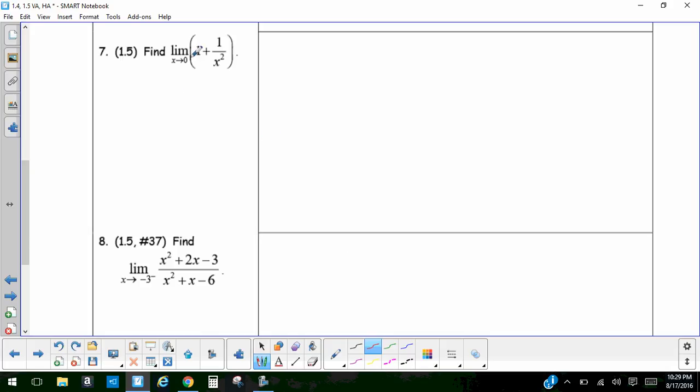Okay, so I have x approaching 0 of 1 plus 1 over x squared. Well, if I just start plugging in, I would get 1 plus 1 over 0 squared. We talked at the beginning today, 1 over something that's really, really tiny is really, really big, because you have 0.00000001 on the bottom, and that decimal really means you had a fraction on the bottom, which flipped it up to be really, really big.